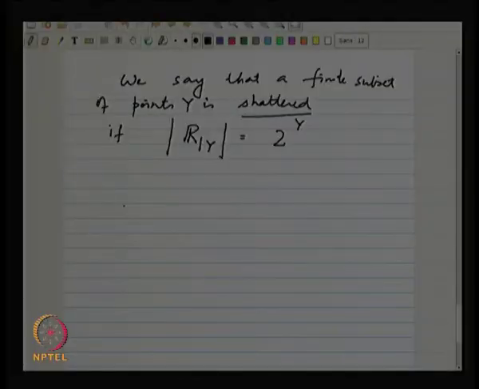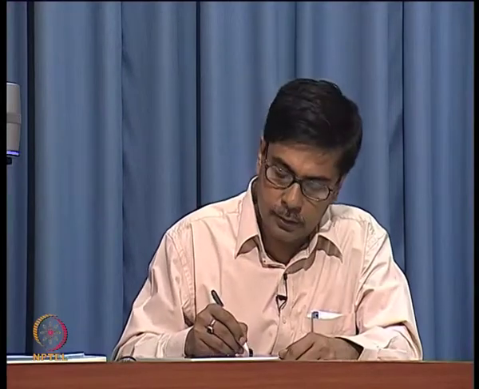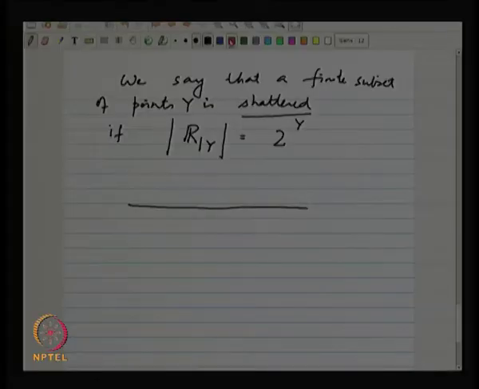Quick example. Example 1: points on a line and intervals. Consider Y to be a set of 2 points. What is the size of the range restricted to Y?